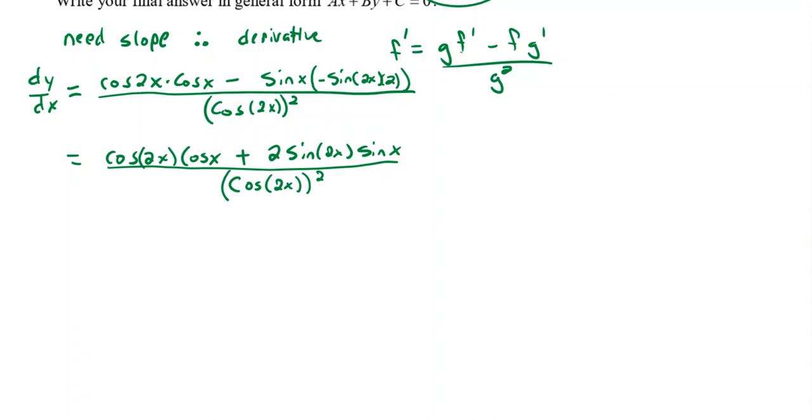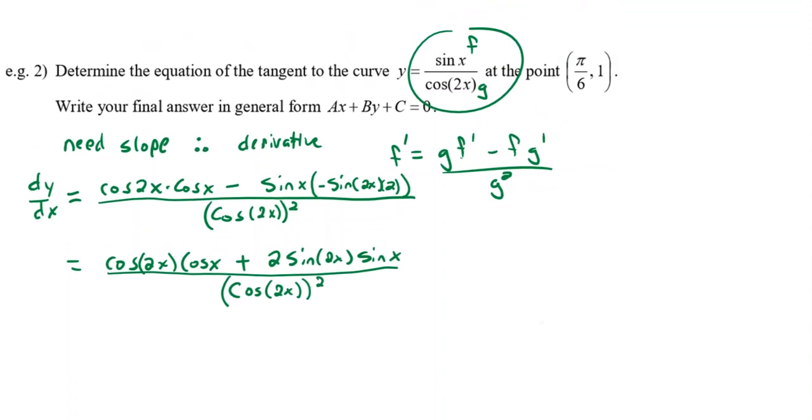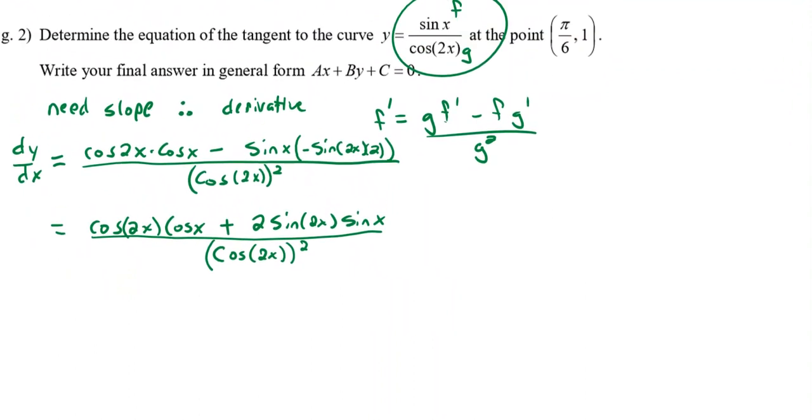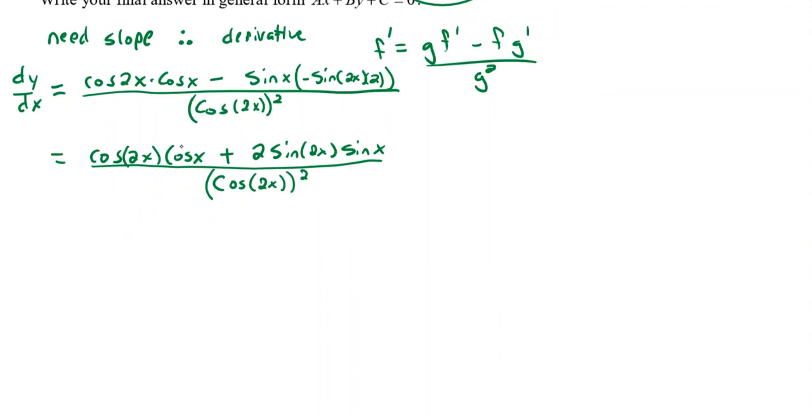Okay, so now we're set up pretty well because we actually want to get a number out of this. So in this case, remember what x was. X is pi over 6 because we want to figure out what the slope of the line is at that value of x, at that point. Okay, so let's use that. We're going to be throwing that in for all of our x's.